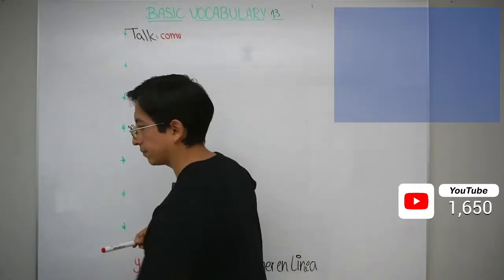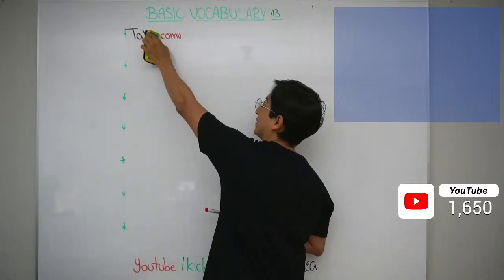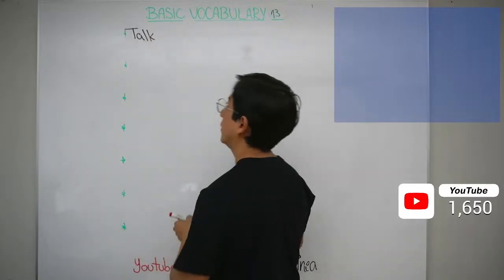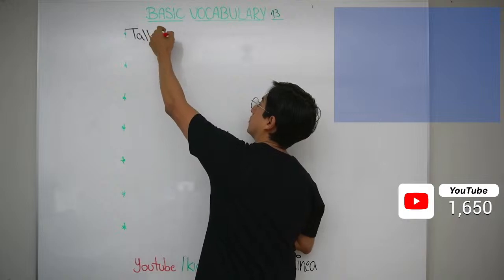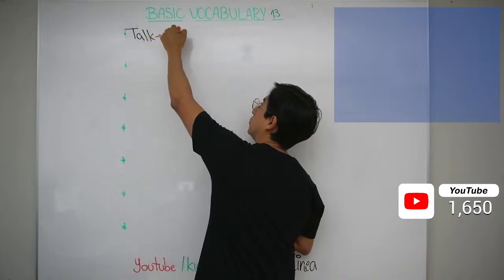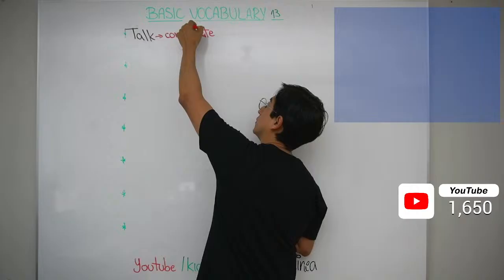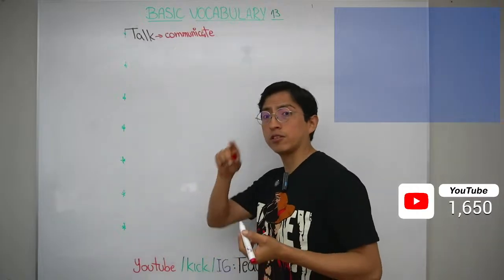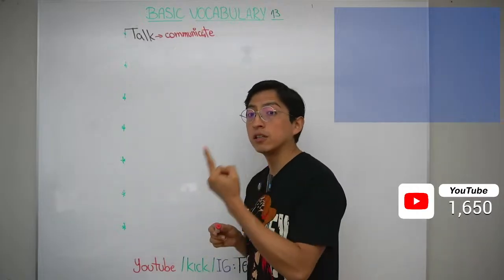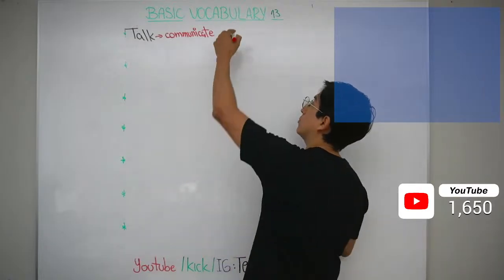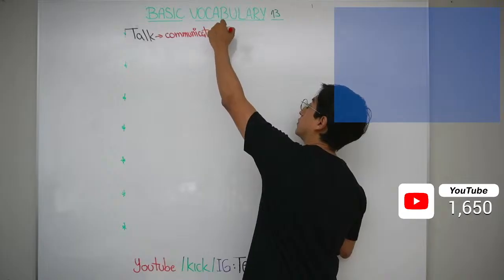Oh, sorry, double M. Yes, double M. Okay, talk means to communicate. To communicate, that is the first meaning. To communicate using words, right? And the second meaning is a conversation.